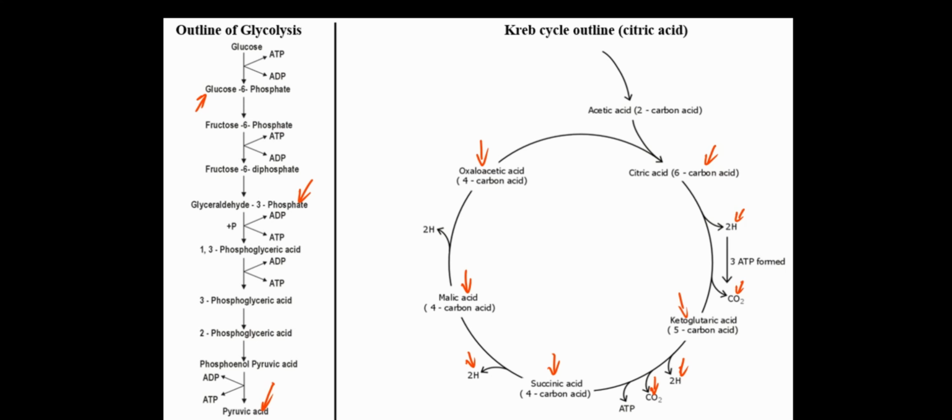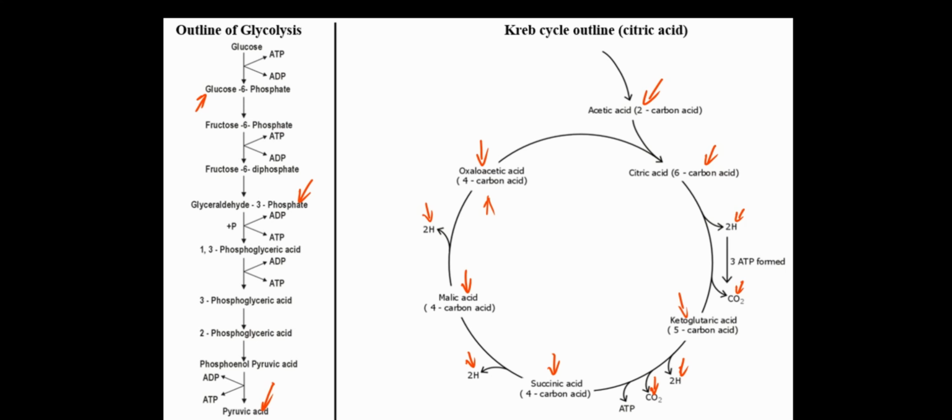Again, 2 atoms of hydrogen are removed from the malic acid to form a 4-carbon acid known as oxaloacetic acid. This oxaloacetic acid then combines with acetic acid again, and the cycle is repeated.